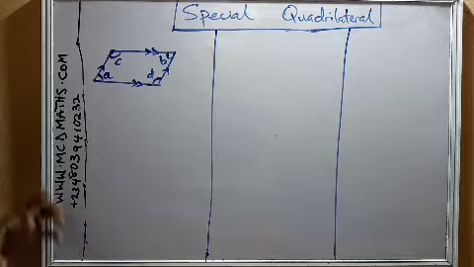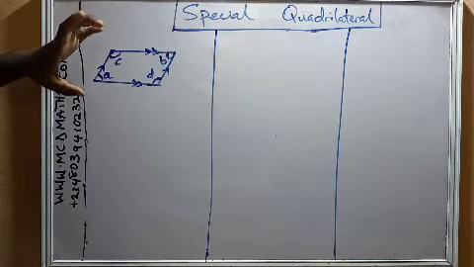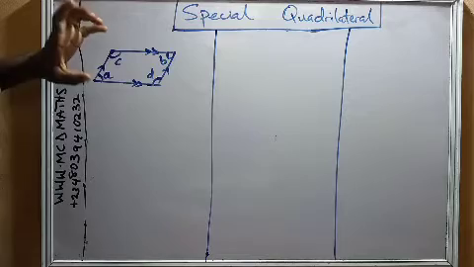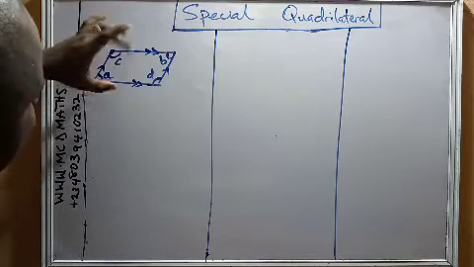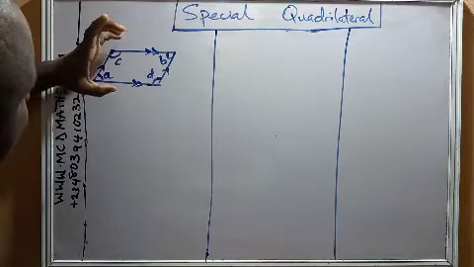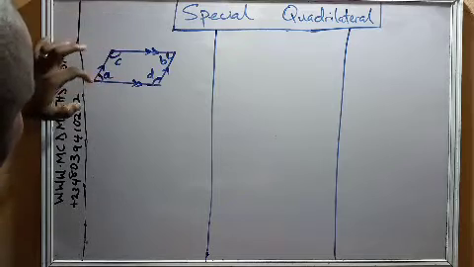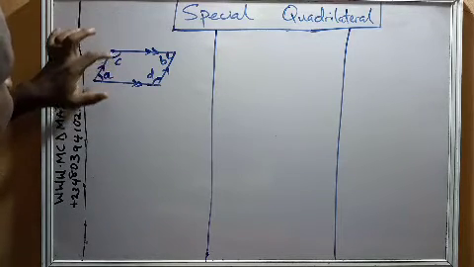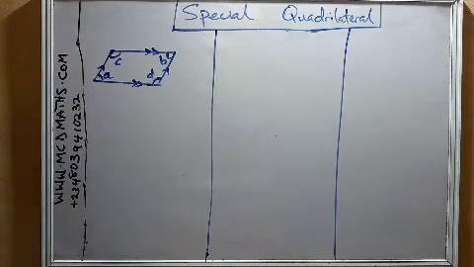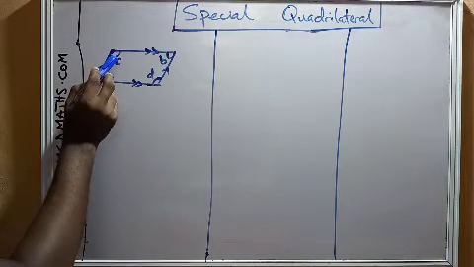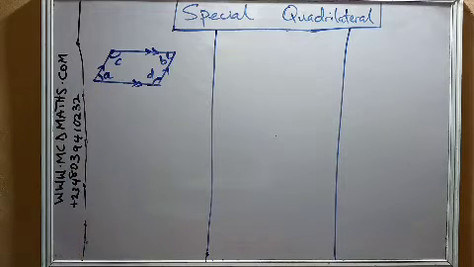Now, another thing you should know is the interior angle, the C angle. Since these are parallel lines, if you have a C angle that comes like this, the interior angle A plus C must add up to 180. So if A is 60, this has to be 120 for the two of them to add up to 180.